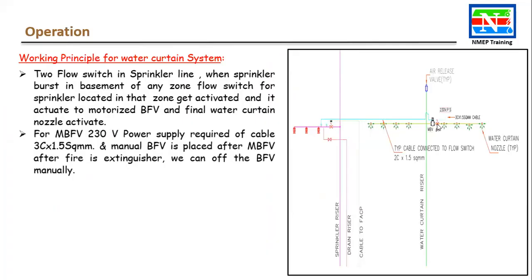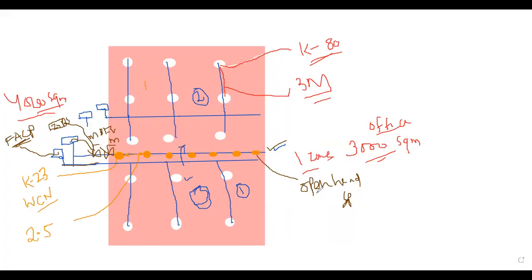One more doubt, sir. Actually, this curtain sprinkler was in between both zones, 1 and 2.